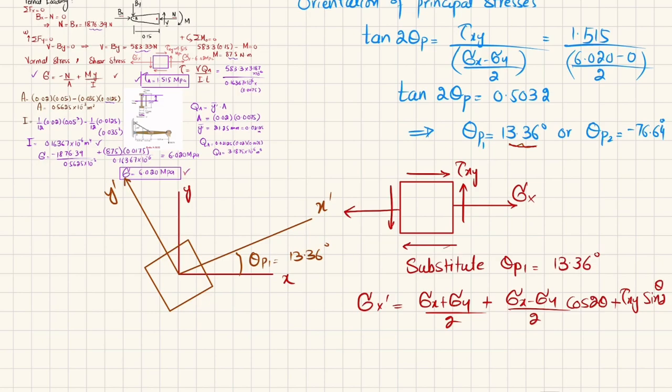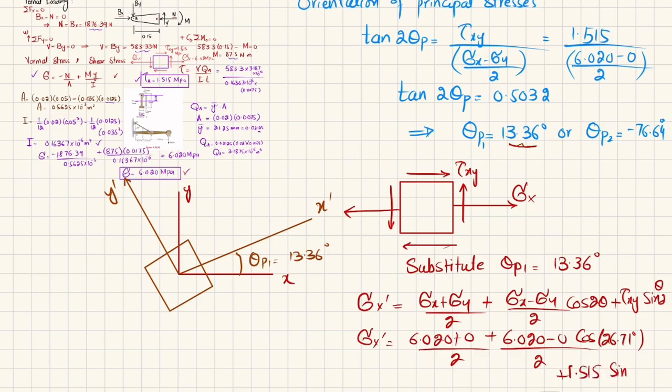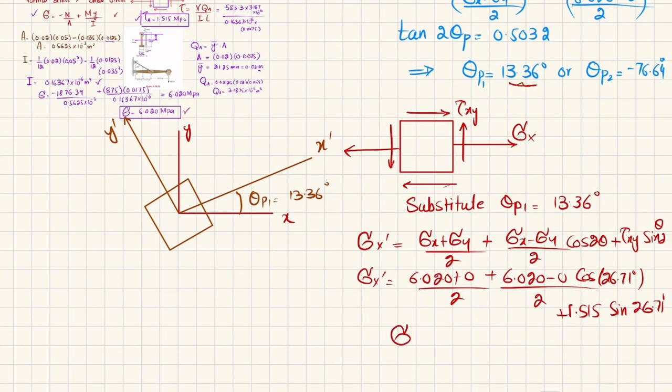Clear? So when you put sigma x and sigma y: 6.020 plus 0 divided by 2, plus 6.020 minus 0 divided by 2 into cos of 2 theta, where 2 theta is 26.71 degree, plus tau of xy, which is 1.515, into sine of 2 theta, with 2 theta 26.71 degree. When you solve this, you will get sigma x dash equal to 6.38 megapascal.